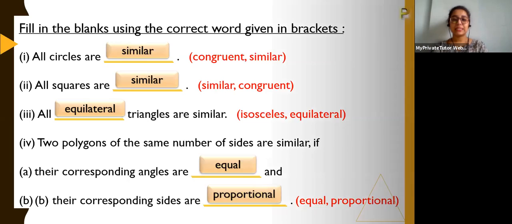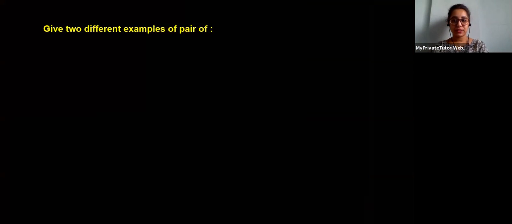Okay, let's get into some more questions. Give two different examples of pair of non-similar figures. What we studied about similar figures is that the shape should be totally same. If you talk about two cakes, one in the shape of a circle and the other in the shape of a heart, are they similar?